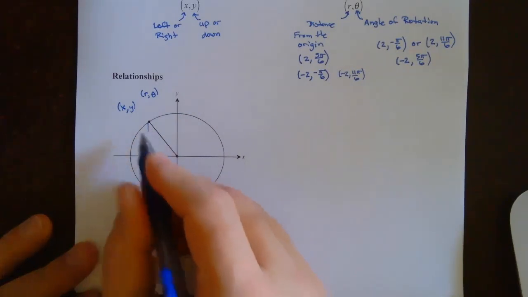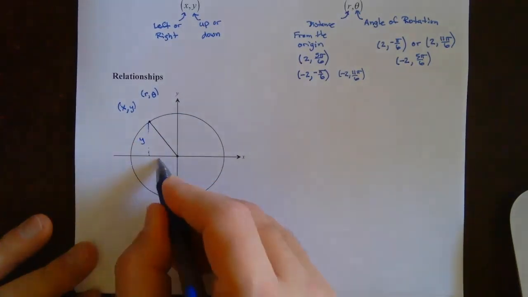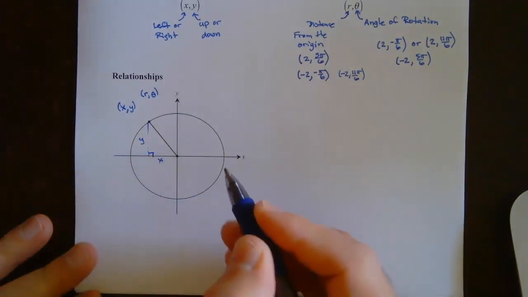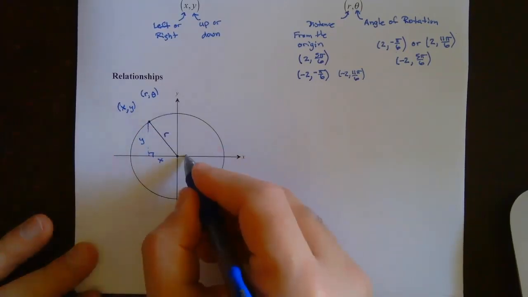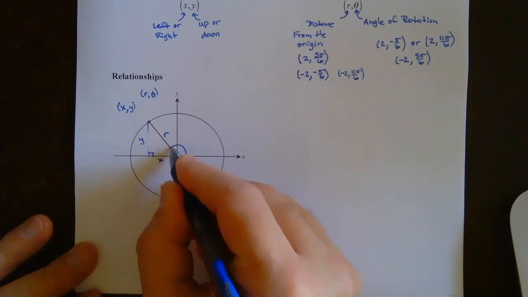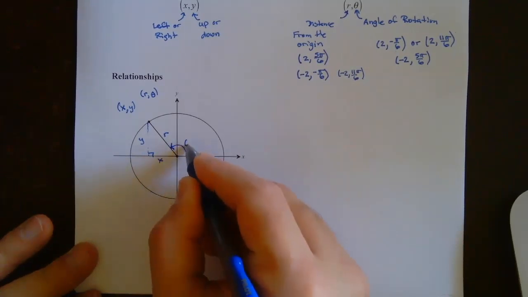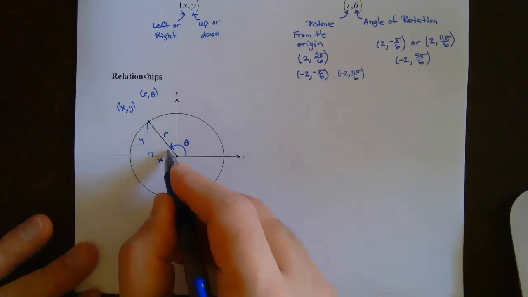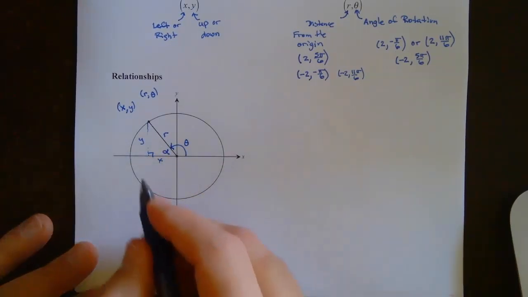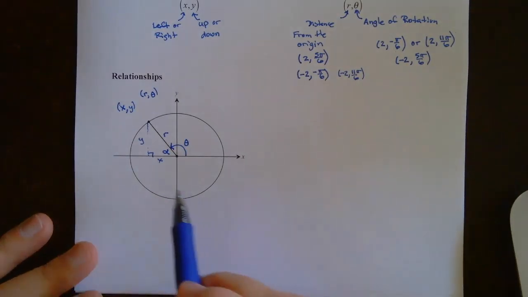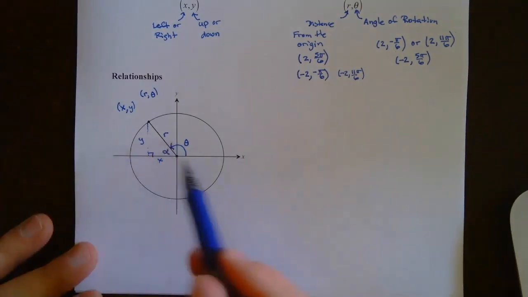This is my y, and this would be my x, and this is my r, and my theta would be this right here. That's my angle theta, and this is my reference angle alpha. We can relate x, y, and r by the Pythagorean theorem.